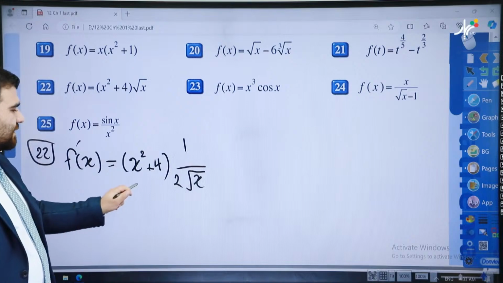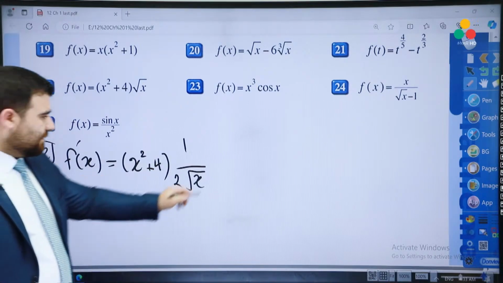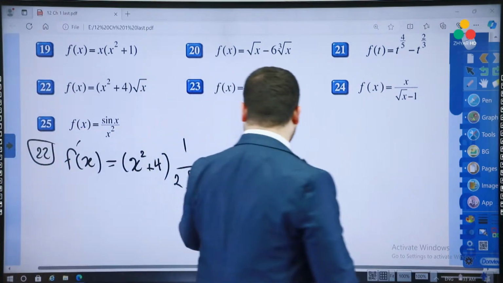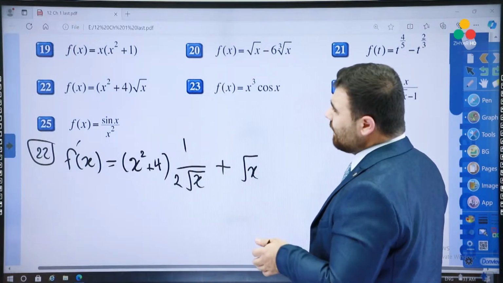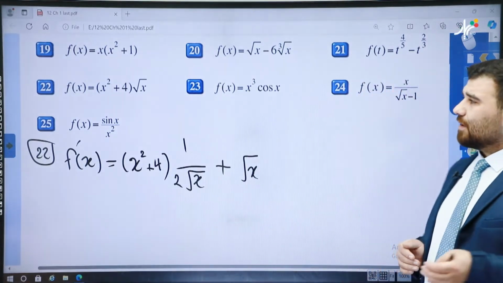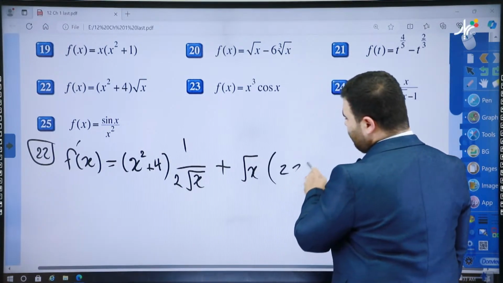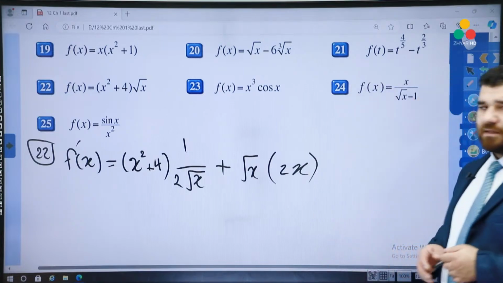Plus second, square root x, times derivative of first. Since first is a bracket but the bracket has no power, we don't use the bracket rule. We just do it normally. Derivative of x power 2 is 2x. Derivative of 4 is 0. And this is the answer.